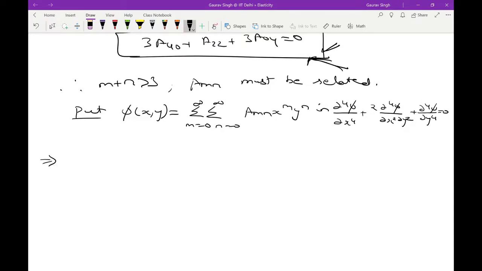This implies? Let's see. M is equal to 4.